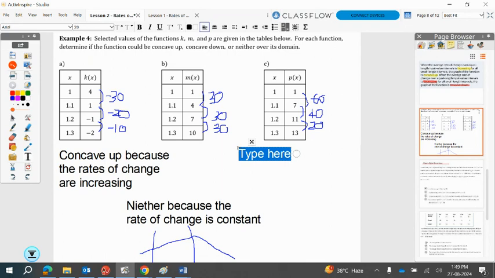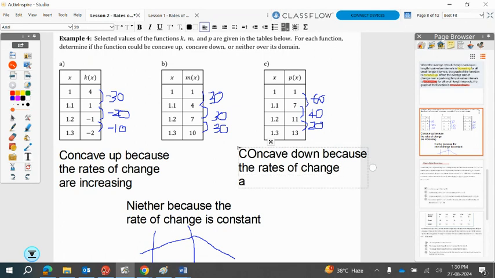I say it's a sequence because we don't know if there are any x values between 1 and 0.1. But anyway, concave down, because the rates of change are decreasing.